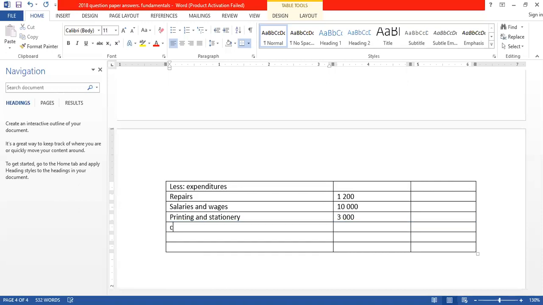The wages of the caretakers were 6,800. And then we check again, we have refreshment materials, and those were 8,500.